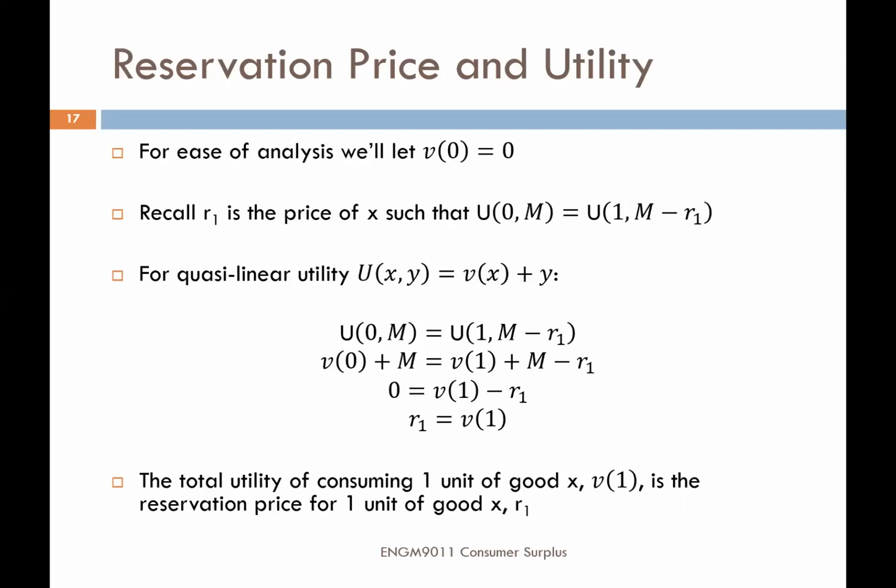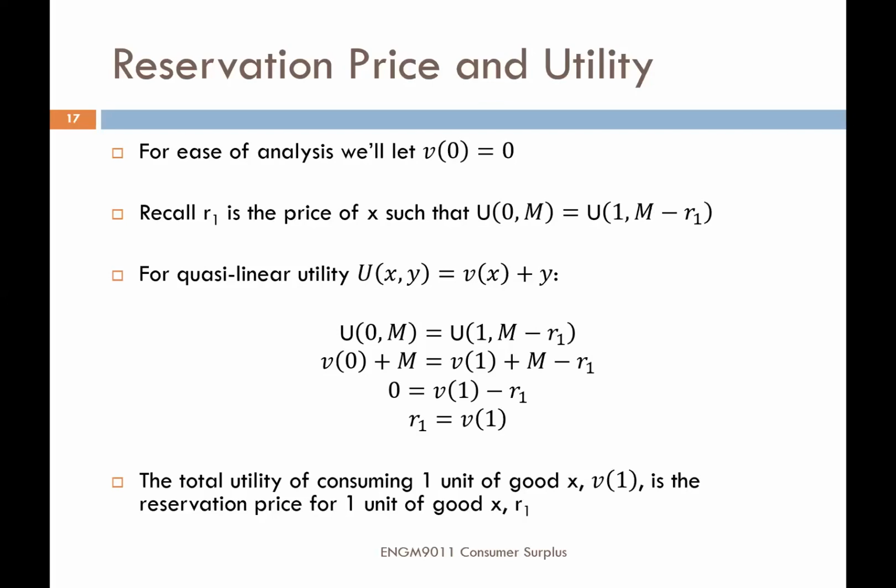Well, the utility of 1 unit of good X is V1, and the utility of M minus R1 units of good Y is just M minus R1. So now notice that R1, the reservation price, is set such that those two utilities are equal to each other. So we set them equal. Notice that the M's on both sides of the equation cancel out, and V of 0 is equal to 0. So the left-hand side is just 0, and the right-hand side we have V1 minus R1.